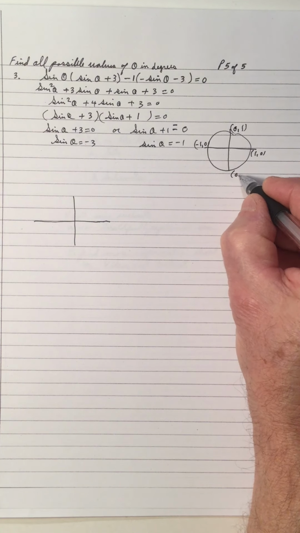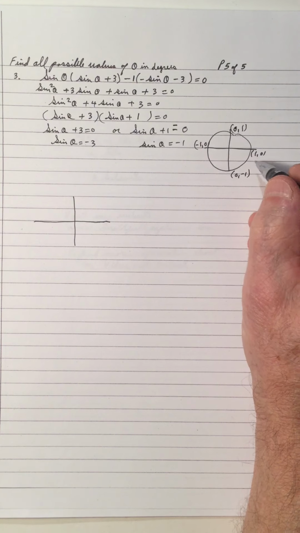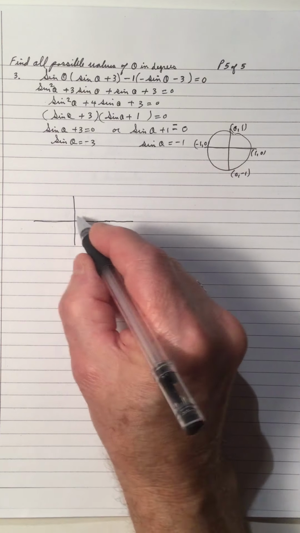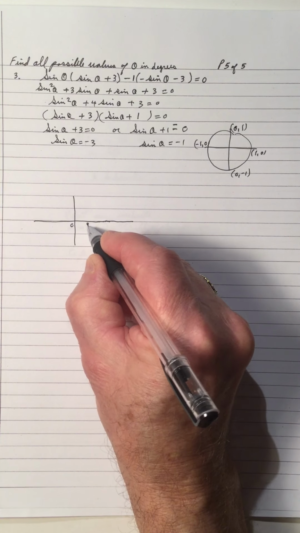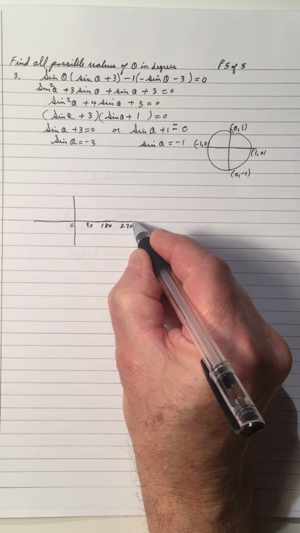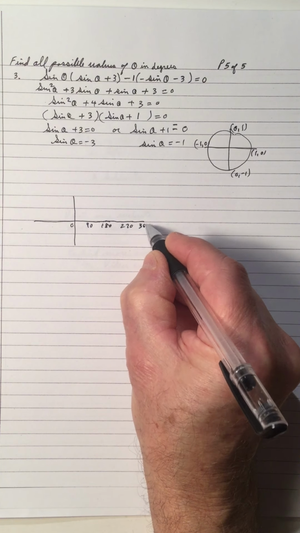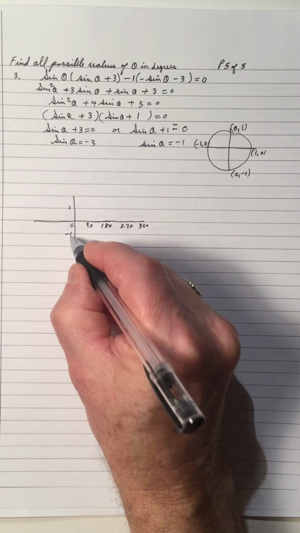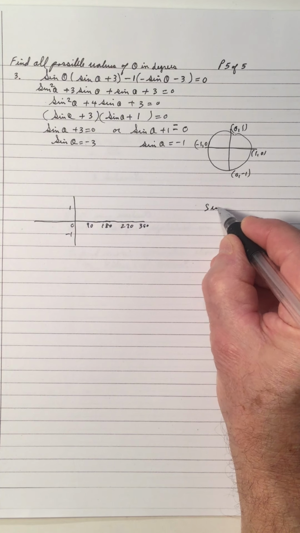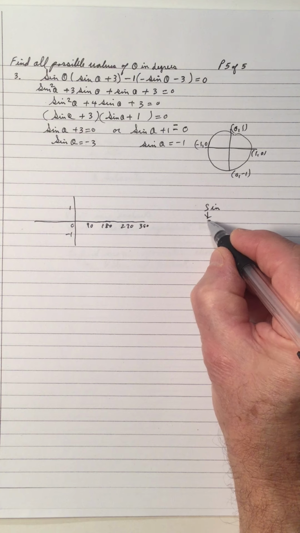Extremely important to have this totally memorized. The sine is the y. So at 0, 90, 180, 270, 360, and that's a 1, a negative 1. Sine begins with an S, so sine is an S.